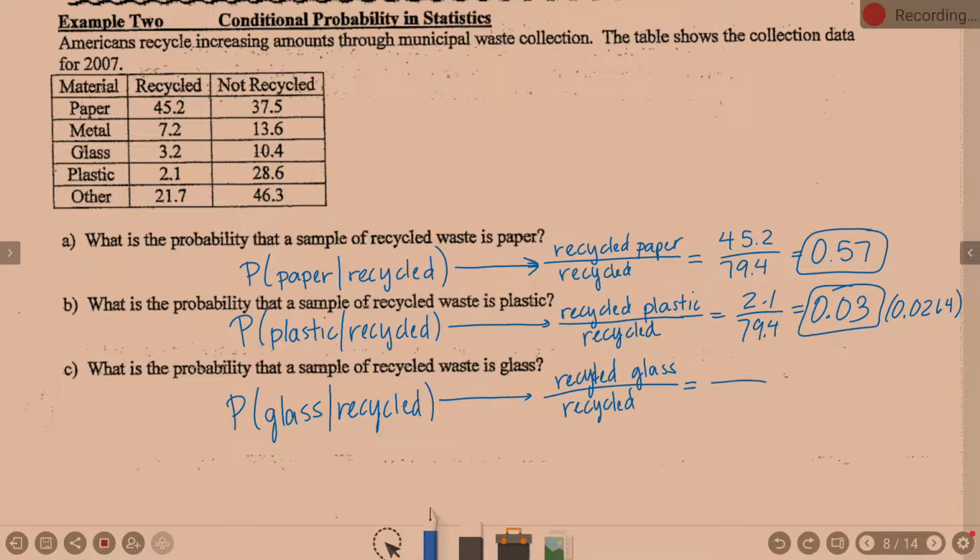Recycled glass is how much? 3.2. All recycled items are 79.4. Hey, turned out to be easy when you get to repeat the same number. 3.2 divided by 79.4 is 0.04.